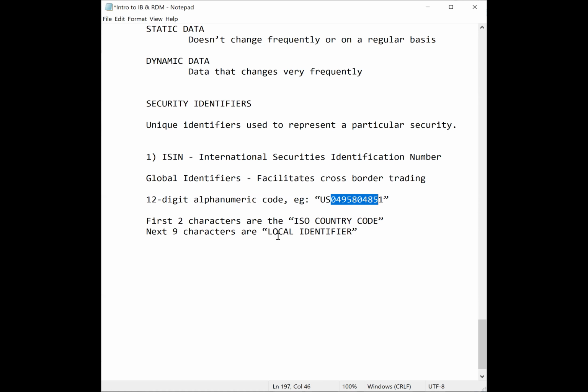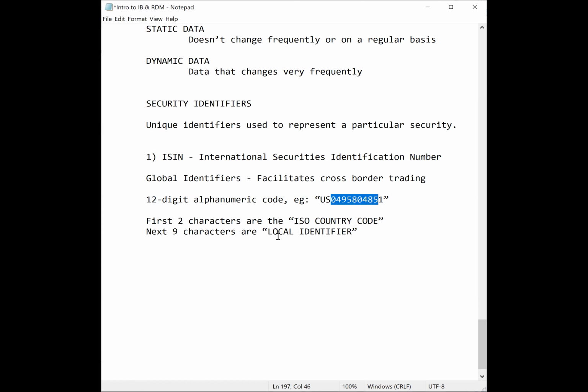In India, we have a national numbering agency, the US has its own, and Europe and Germany have theirs. Every country has its national numbering agency, and that NNA creates this code for the securities of its region. So the National Numbering Agency of the US would have created this nine-character number for this particular security.